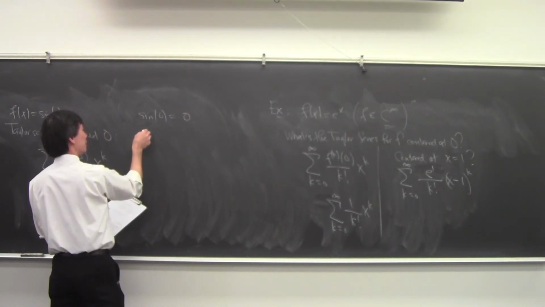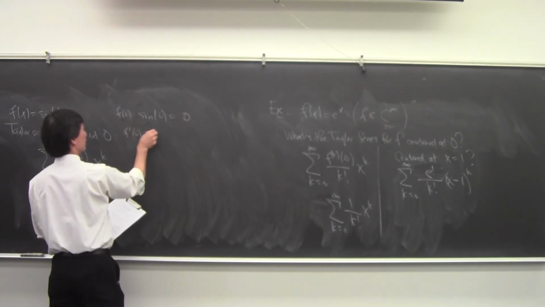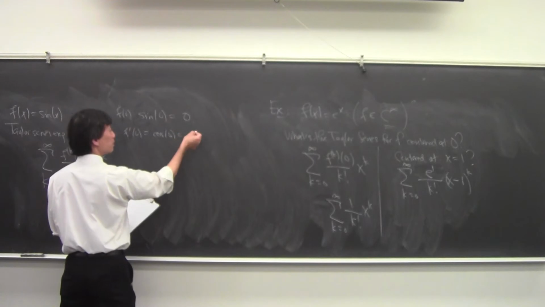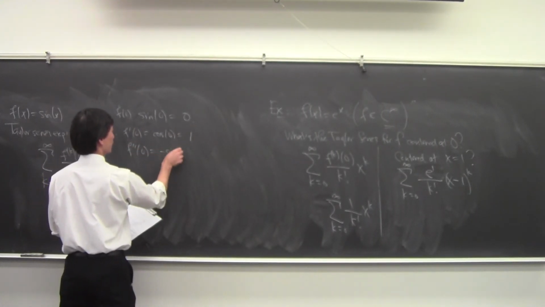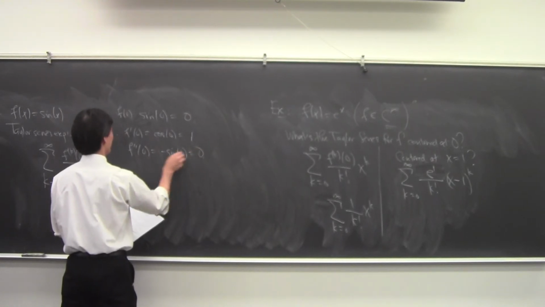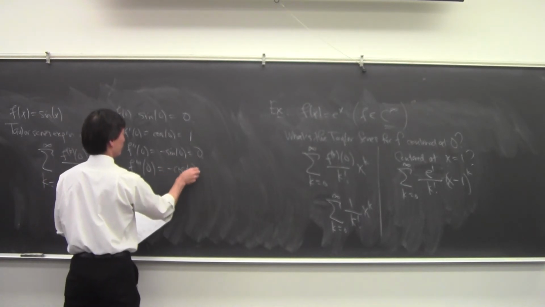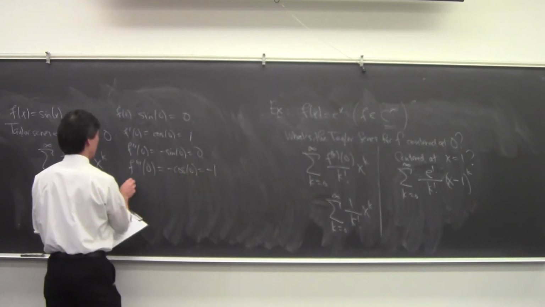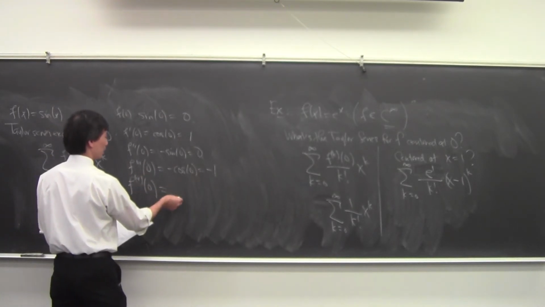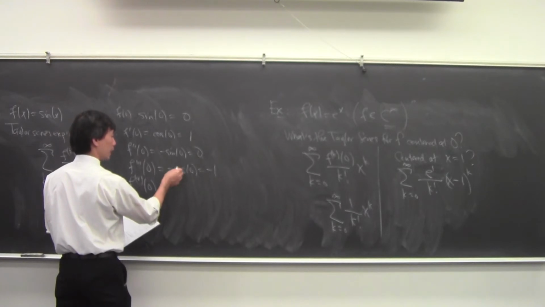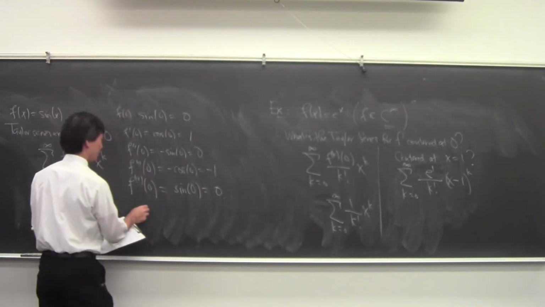Then you take the derivative of the sine. f prime at 0 is cosine of 0, which is 1. f double prime at 0 is negative sine 0, which is 0. f triple prime at 0 is negative cosine 0, which is negative 1. f quadruple prime is sine again, so we get 0.